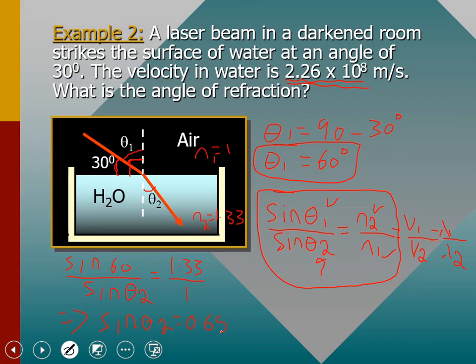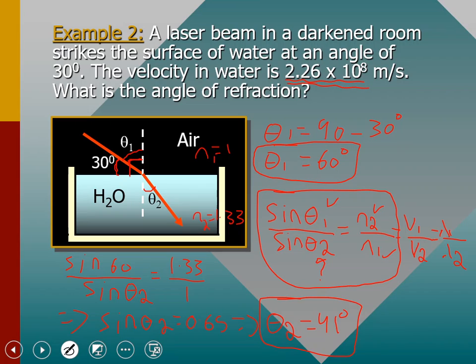Don't forget to do the shift sine. This implies that theta 2 equals 40.5, approximately 41 degrees. So theta 2 is approximately 41 degrees.